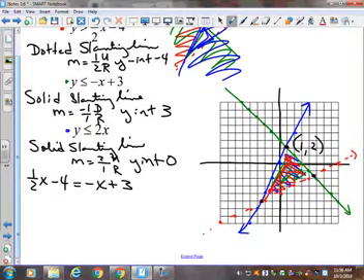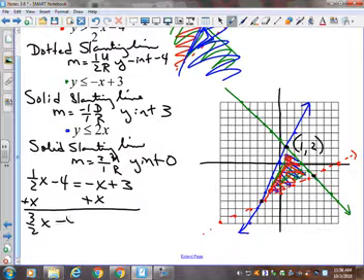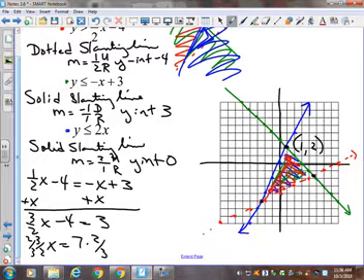You can move your x's over and get 3/2 x minus 4 equals 3. Then you can add your 4 to the other side and get 7 and flip multiply. And that makes x equal to 14/3. So that's this point, 14/3.